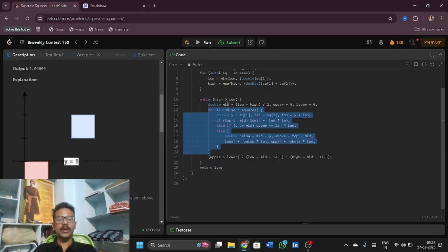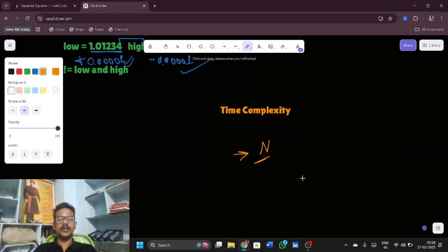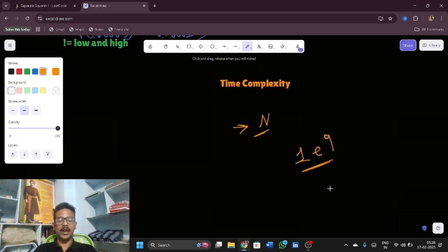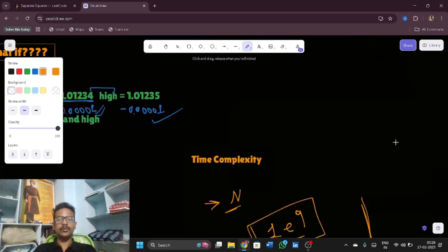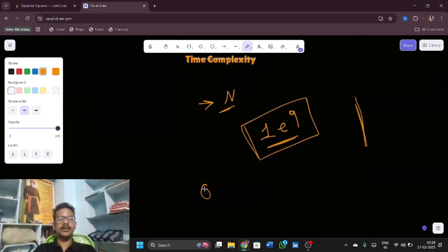Now, while high is greater than low, the maximum I can get is 1e9, which is the side length in the worst case. The high value can be 1e9 and the low value will be 0. Now I can go through the middle.